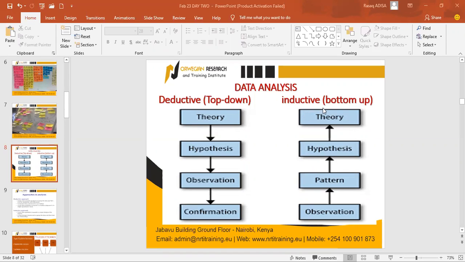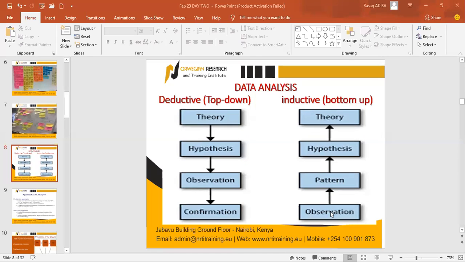Yesterday, I talked about inductive, and I said inductive is usually seen as the best way to analyze qualitative research. And that is when the analysis begins from the bottom up. From the bottom up, it begins by gathering data.